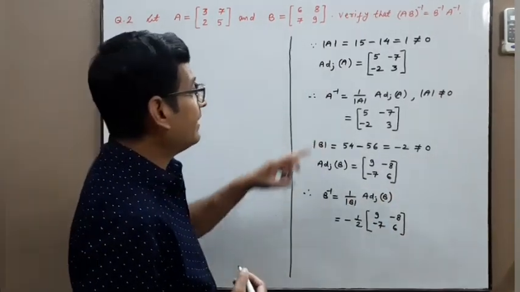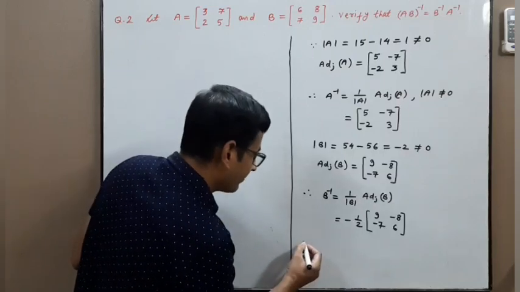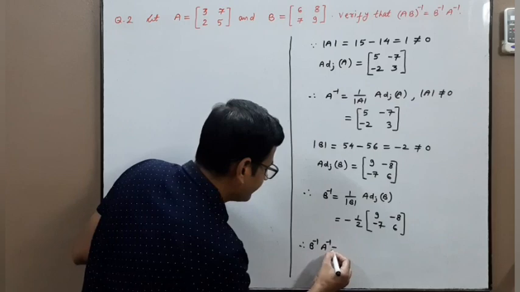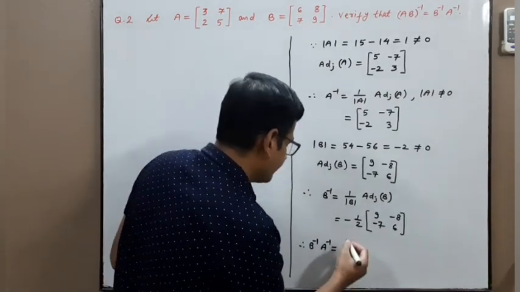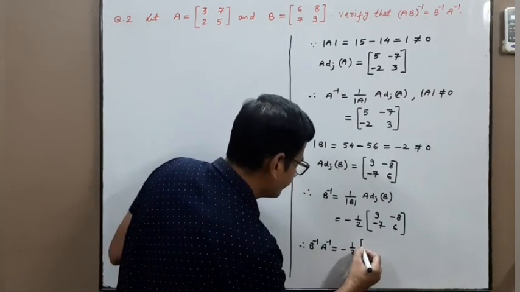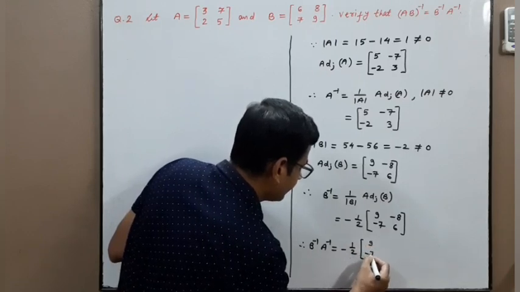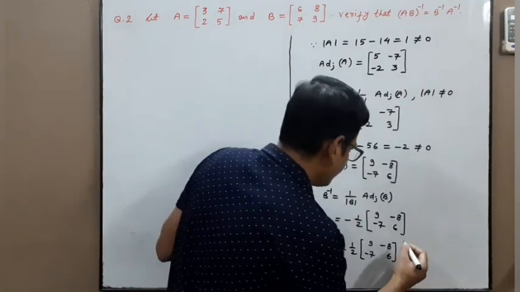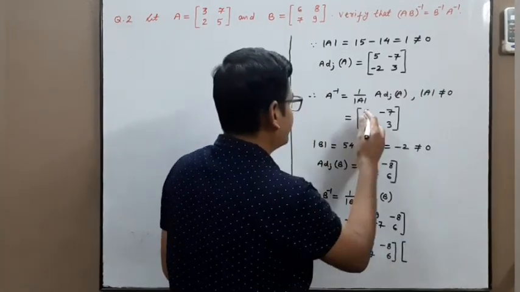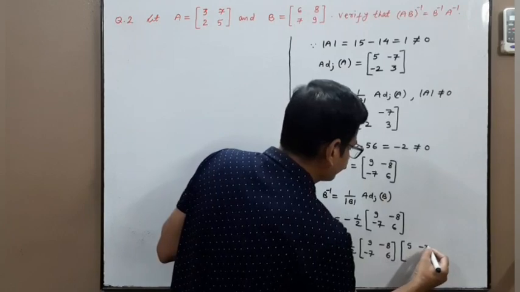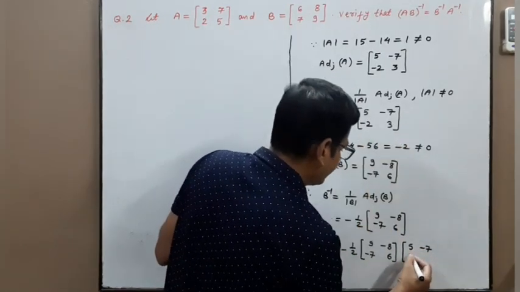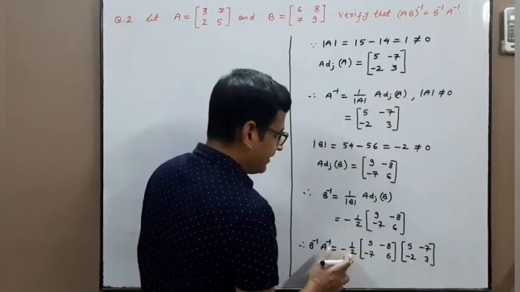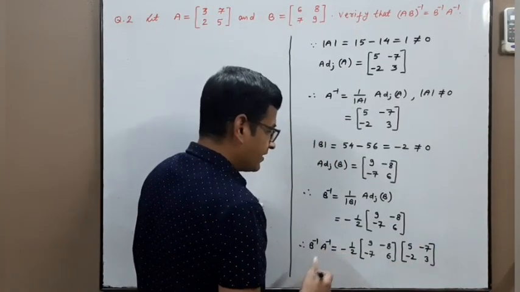Now multiply B inverse into A inverse. B inverse into A inverse is equal to, B inverse is minus 1 by 2, 9 minus 7, minus 8 6, into A inverse. A inverse is 5 minus 7, minus 2 and 3. First multiply and then divide by minus 2, otherwise the calculation is tough.